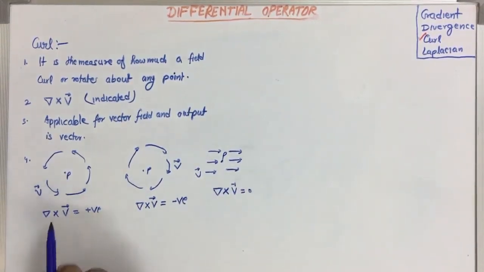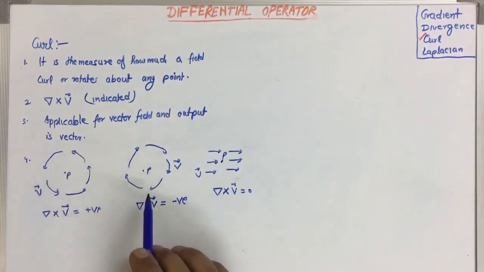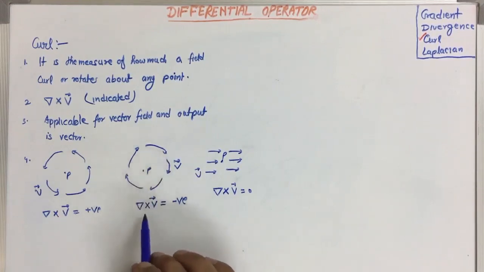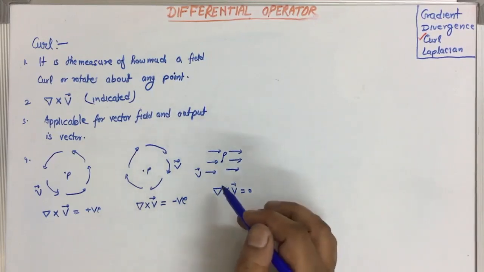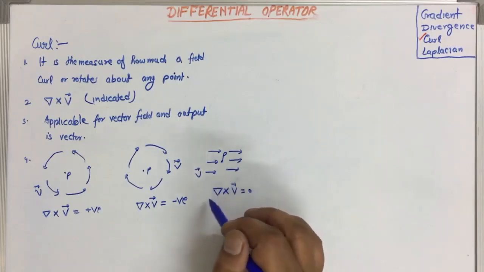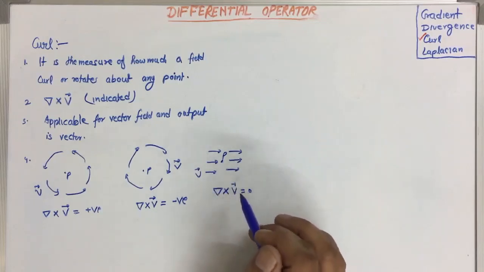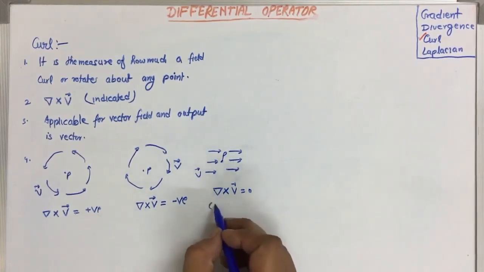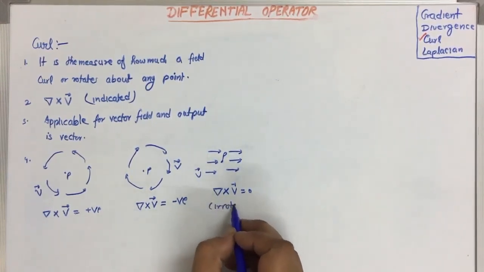So if it is moving anti-clockwise, it is considered as positive. If it is rotating in clockwise, then the curl of the field is considered as negative. If the field is irrotational, then the curl of the field will be equal to 0. So in this case, the field is said to be irrotational.